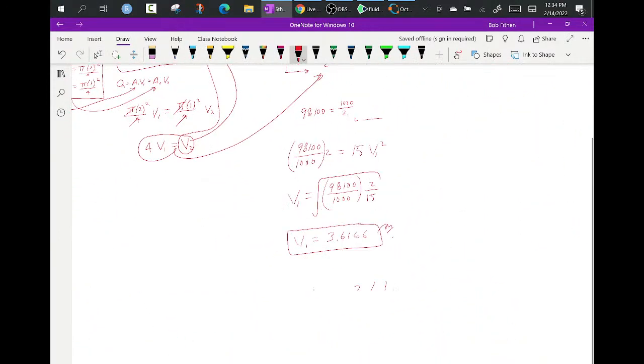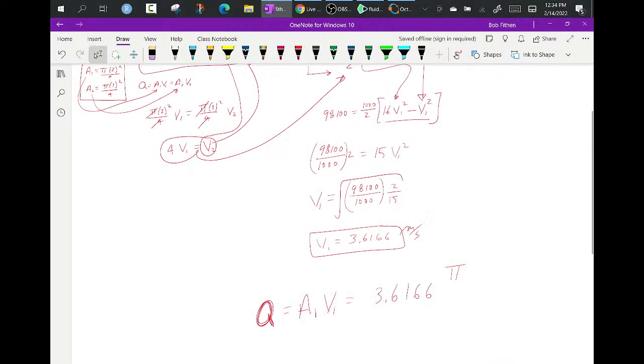So that's going to be 2 squared over 4, because this is pi d squared over 4. Because it's pi r squared, if you put in d over 2 equals r, then you get a 4 on the bottom.